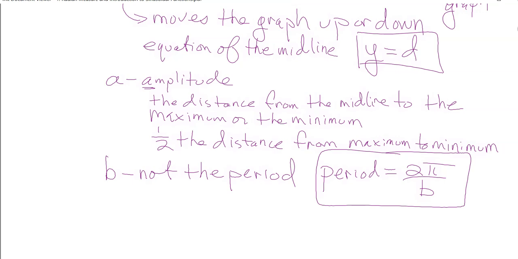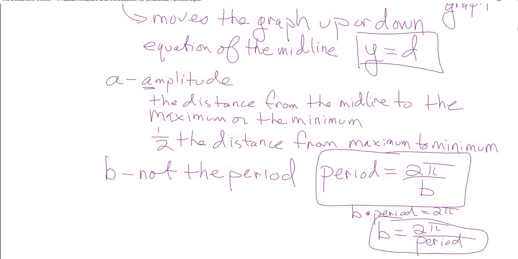So instead, we are given on the formula sheet the formula for period. And we can rearrange this formula to say b times the period is equal to 2 pi. So b would be equal to 2 pi divided by the period. So you're not given this, but you can derive it from that. Really, all you do is just switch the b and the period.